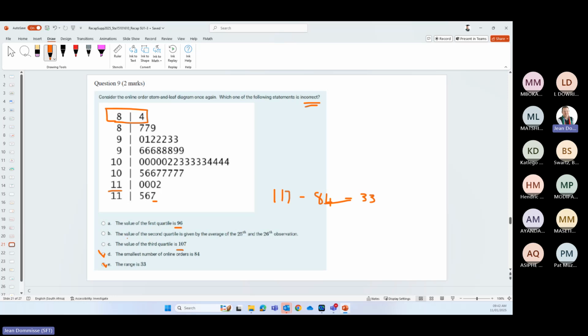Okay, so those are things that we can work out. So let's look at Q1. It's n plus 1 divided by 4. Q3 is 3 times n plus 1, divided by 4.